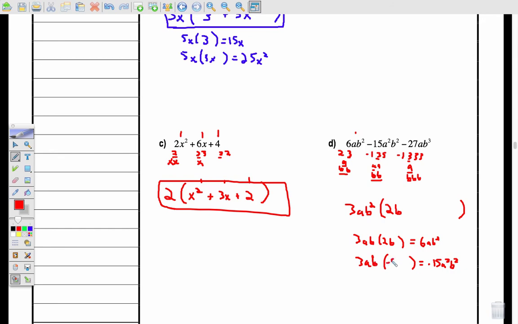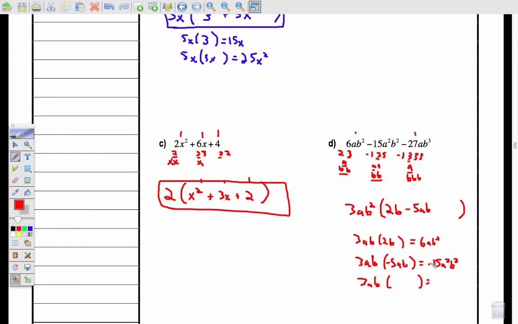3 times negative 5 gives me negative 15. A times, okay, we need another A right there to give me A squared. And B, we need another B to give me B squared. So what goes here is minus 5AB.